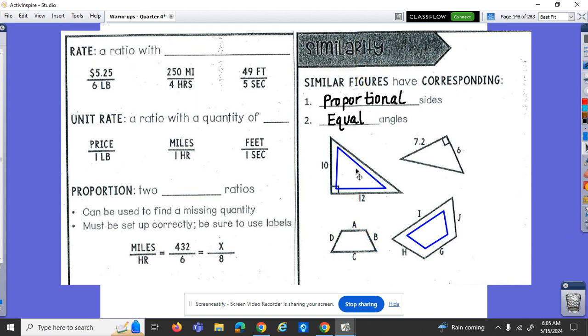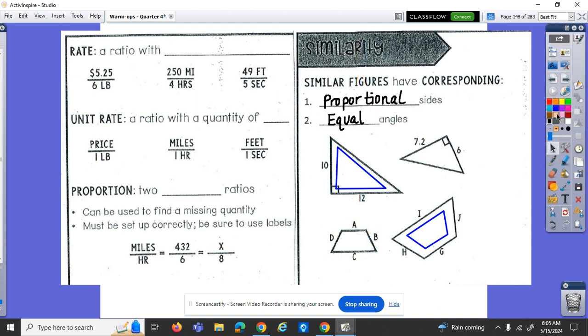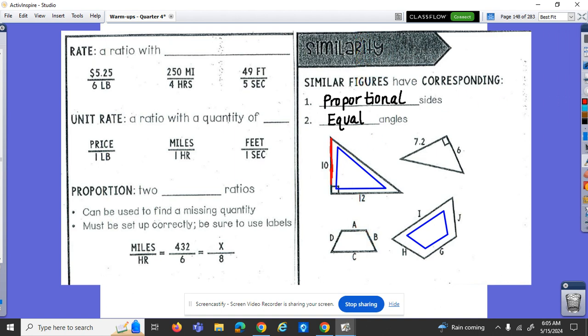So if you take a look at this triangle, we can use some colors to match the sides. So this color, 10, I'll use red here. Okay, it's going to match with this side, which you can see that I rotated that triangle around, and it matches with this 6.